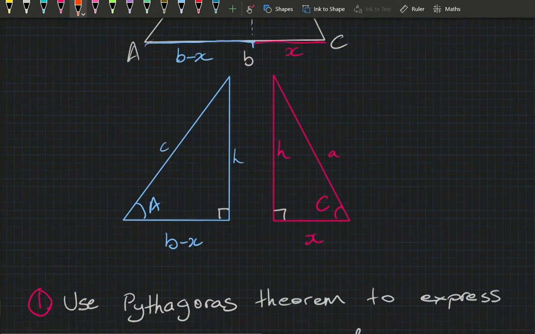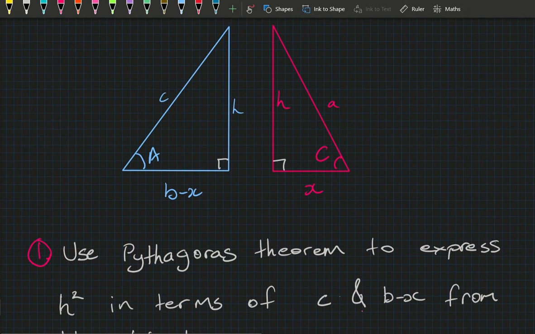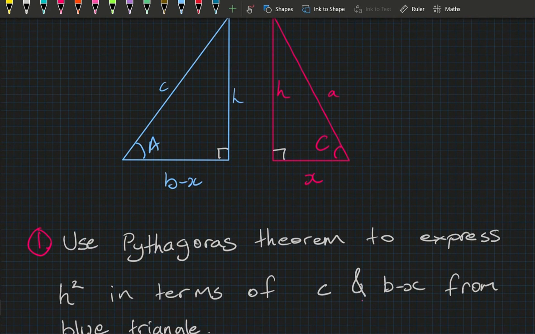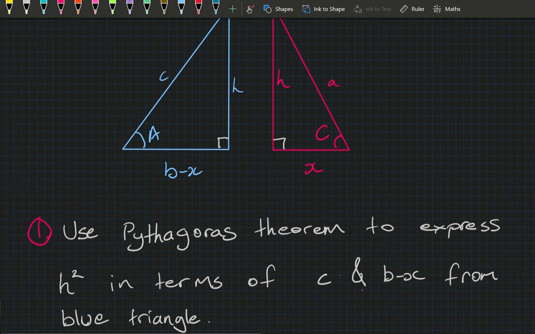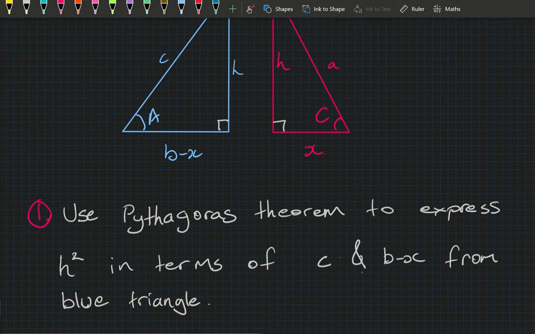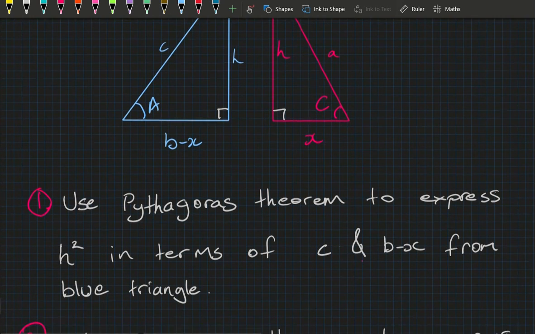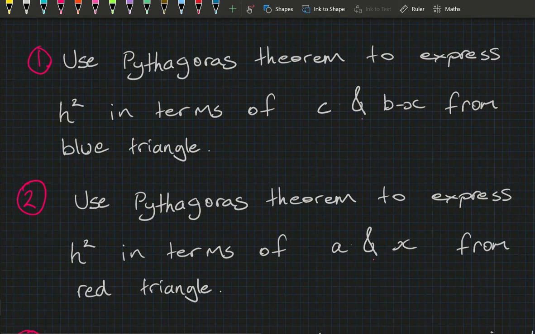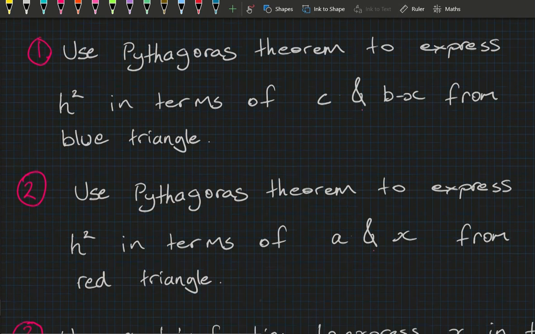If you look at these triangles, can you use Pythagoras' theorem to express h squared in terms of c and b minus x from the blue triangle? I just want you to do that one step in this question. Think about that blue triangle and what h squared is with respect to c and b minus x. Then in part 2, you're going to use Pythagoras' theorem to express h squared in terms of a and x from the red triangle.